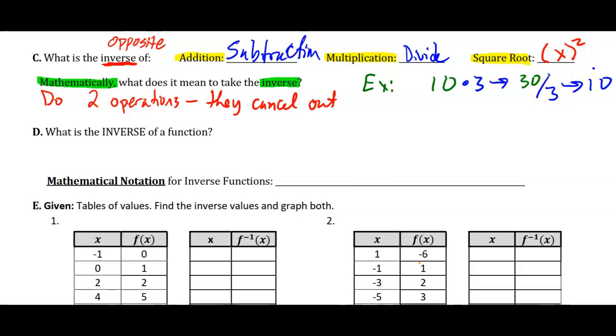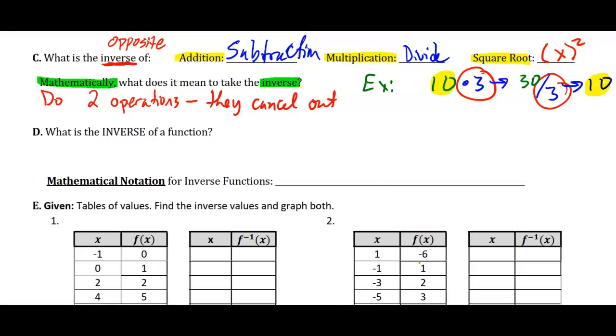So what we're noticing here is that I started with 10 and I ended with 10. And in the middle, I did a multiplication by a value and a division by the same value, and essentially they canceled each other out. Okay? So it's the idea of the opposite operations and they undo each other.